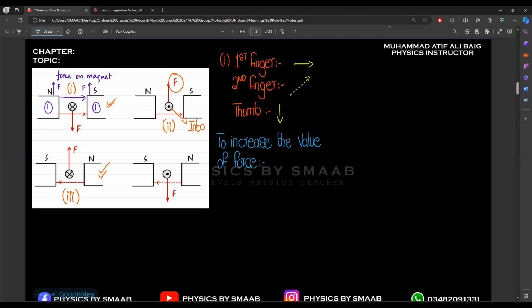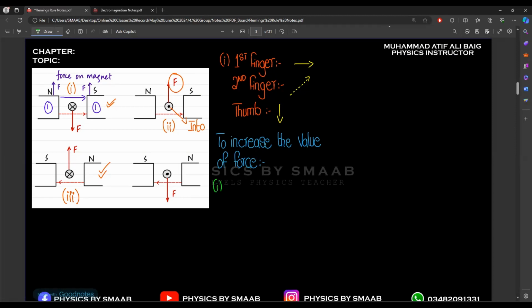They also ask the question like, if you want to increase the force on the conductor, what are the factors? So the factors are very simple. Increase the magnetic field, right? So the first factor is very simple.